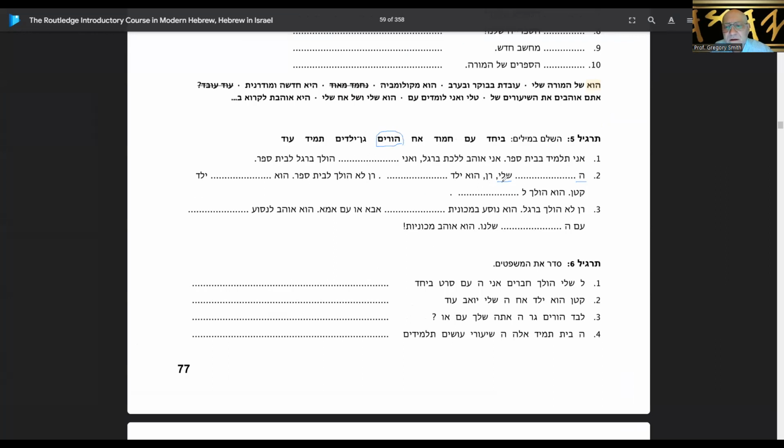Let's see here. I think that's what it is. Or it could be the brother. I bet the brother could fit in there too. So it's either going to be ak or hahorim, because it's someone belonging to me.